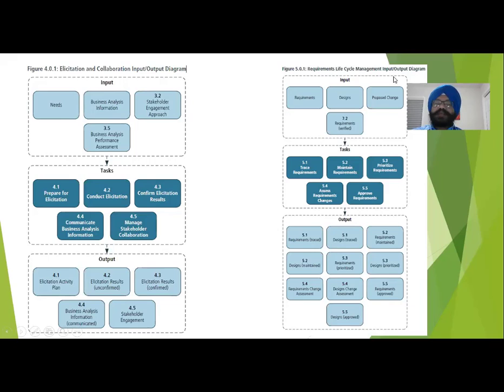Requirements lifecycle management. There are so many different kinds of lifecycle. In the context of BABOK, we are talking about the requirements lifecycle. And within that, we got the inputs like requirements, designs, proposed change, the requirements which are verified. And as a business analyst, we do these tasks in terms of tracing those things. So basically, when we are talking about trace requirements, every requirement should be traceable to the higher level as well as lower level.